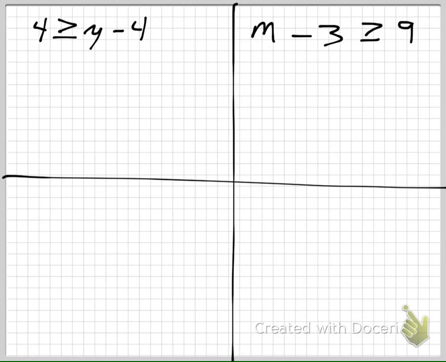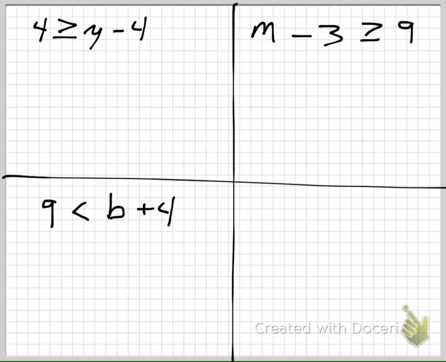Let me find another hard one here. Okay, here we go. And then 9 is less than b plus 4. Solve those 3, graph those 3, get them all right. I'll let you guys get started on your homework.